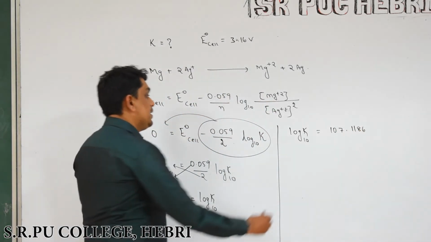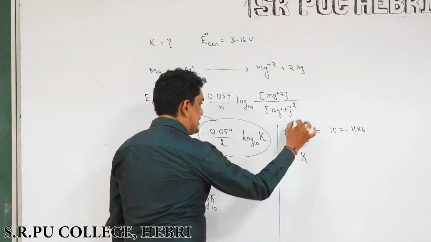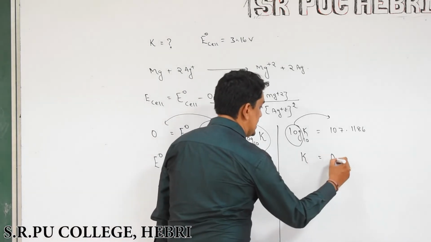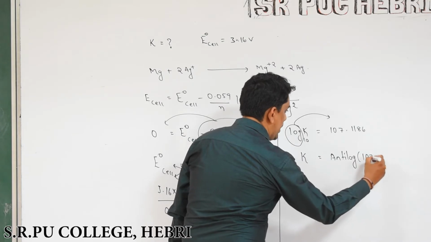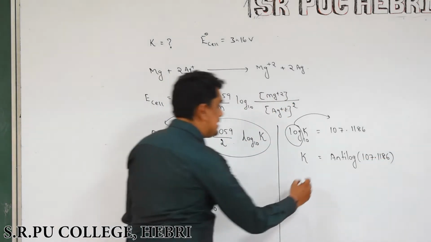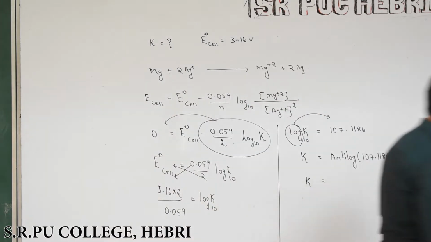Fine. Now you want to calculate the value of K, so you are shifting this log to the other side. Log becomes anti-log. So we have anti-log 107.1186. So K is equal to, let me tell you a very important fact here.